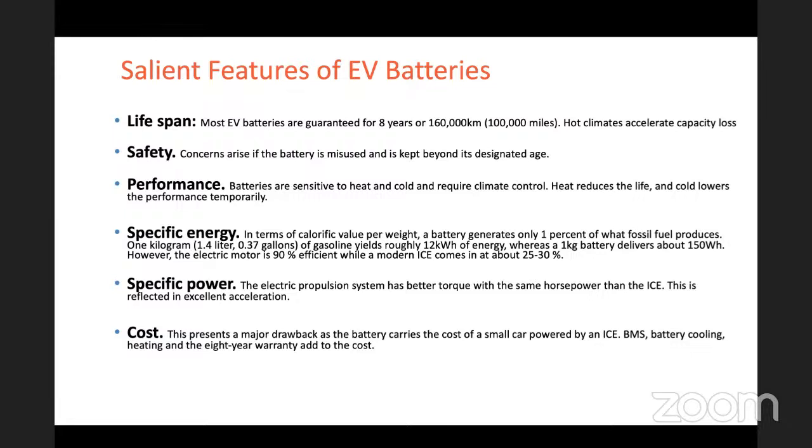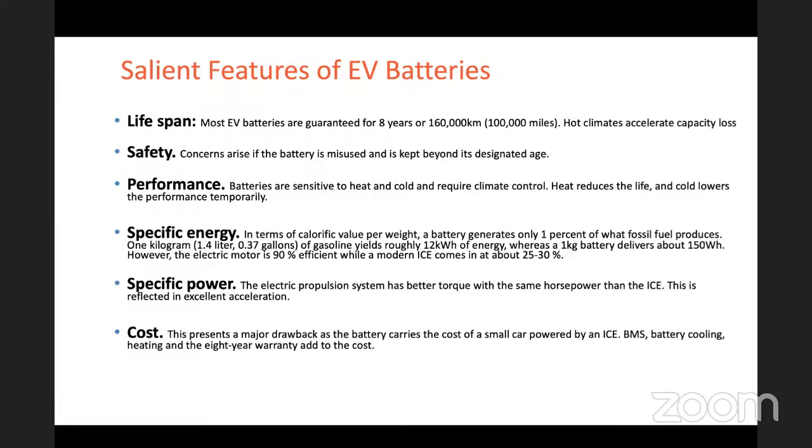But when you compare the efficiency of the battery to the IC engine, the efficiencies of the batteries are very high. That actually compensates for the low efficiency of the IC engines. So the specific energy of batteries is low, but the efficiency is very high.